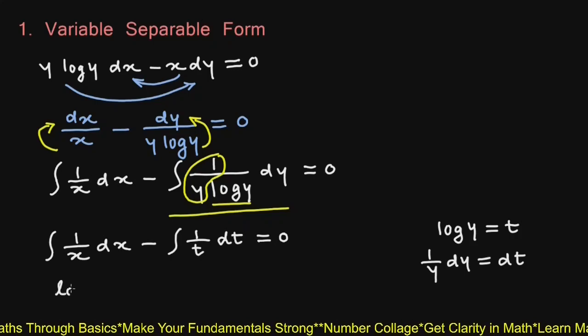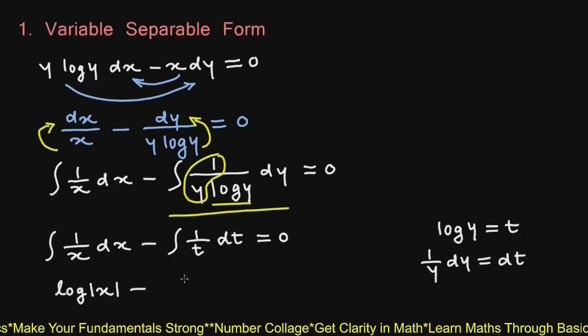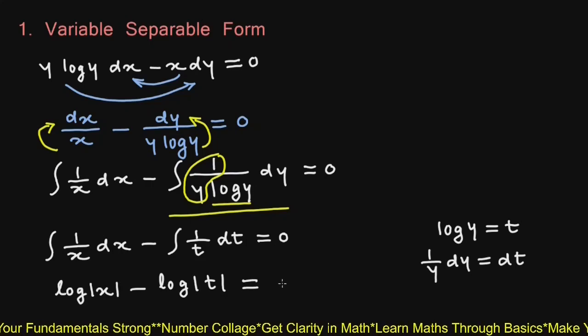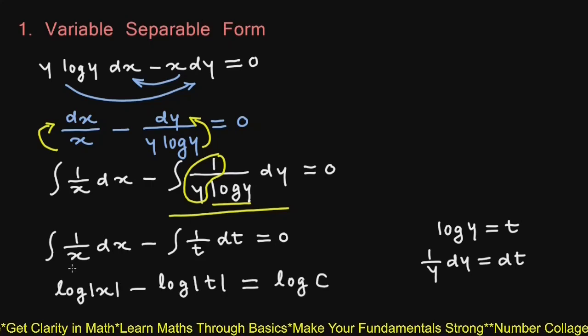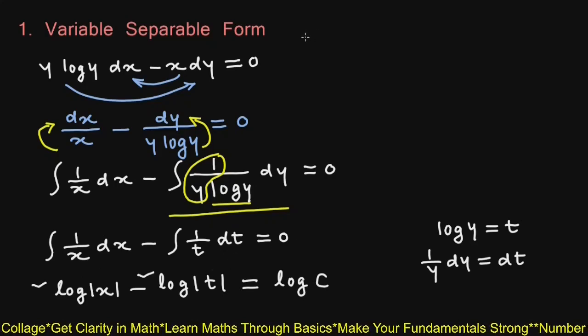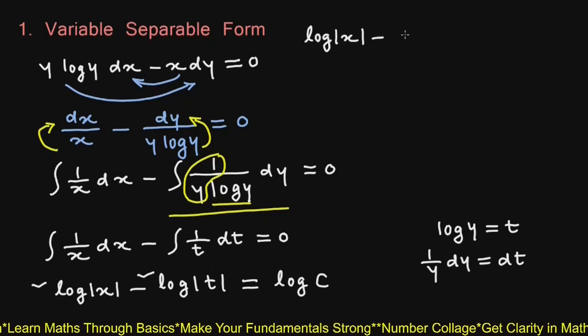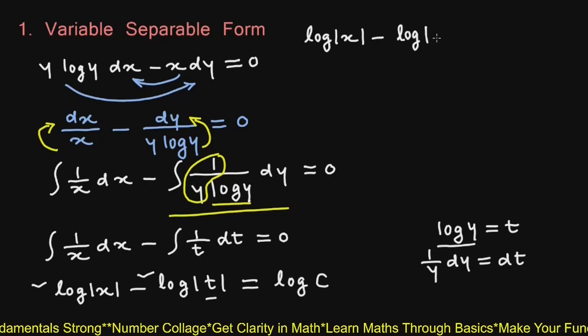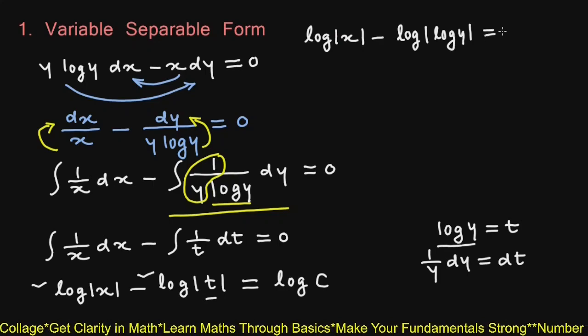This is log mod x minus log mod t equals, we write the constant of integration as log c because there are log terms on the left hand side, which is log x minus log of, substituting for this t, mod log y equals log c.